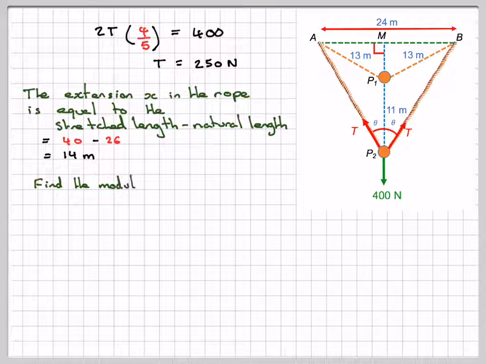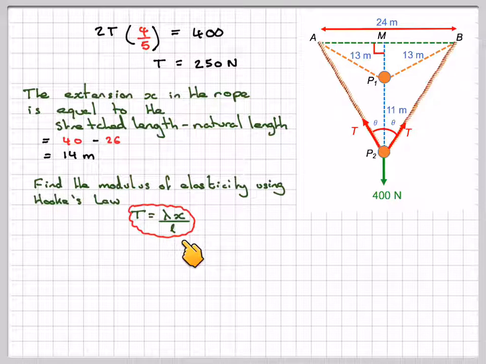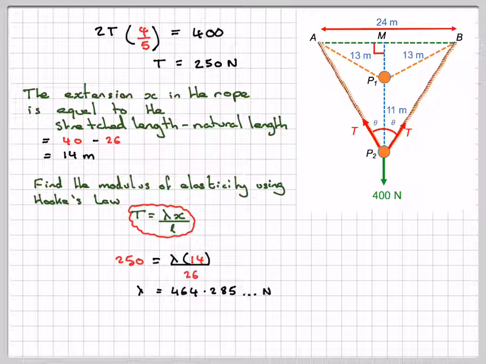So if we're now finding the modulus of elasticity, using Hooke's law, the tension is equal to lambda x over L. So it's going to be 250 is equal to lambda times 14 divided by 26. So lambda will be, if you rearrange that, 464.285 newtons, which rounded off to three significant figures will be 464 newtons.